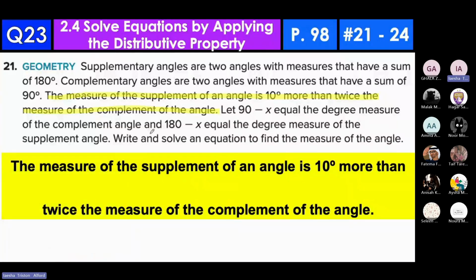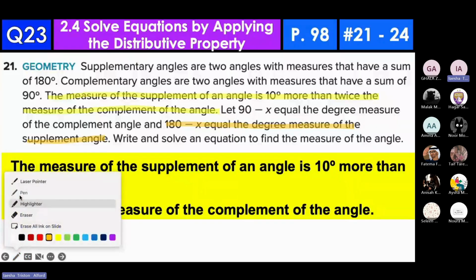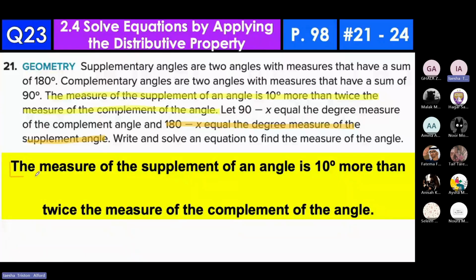It tells you here that 180 subtract x is equal to the measure of the supplement of the angle. So the first part here is going to be 180 subtract x.